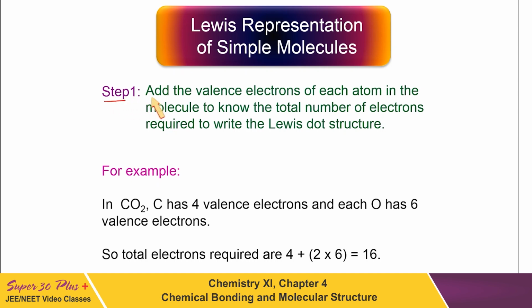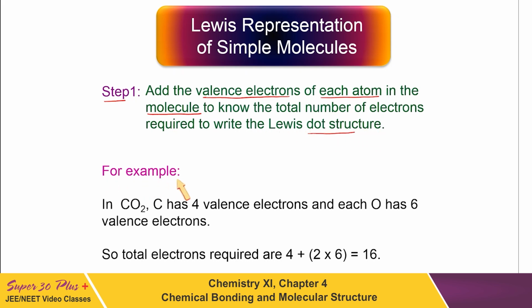Step number 1, add the valence electrons, you know, the outer electrons of each atom in the molecule. No matter how many kinds of atoms are there in the molecule, you have to count the valence electrons for each atom in the molecule and know the total number of electrons required to write the Lewis dot structure, right?